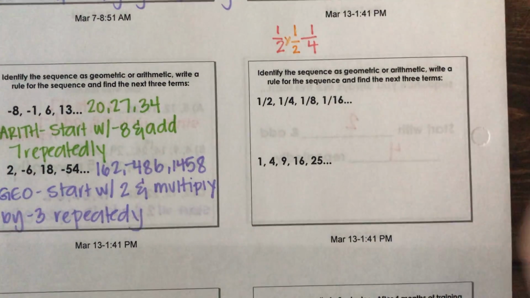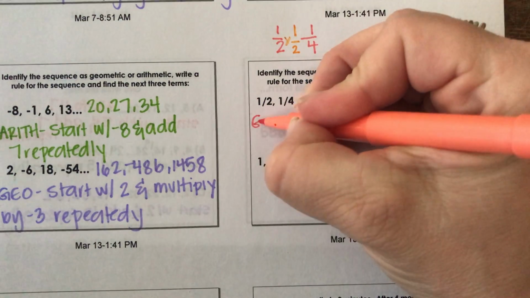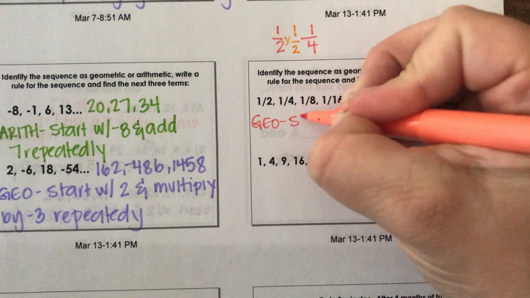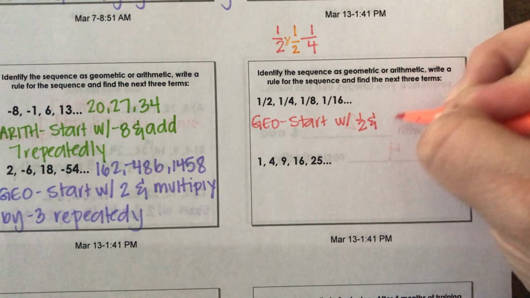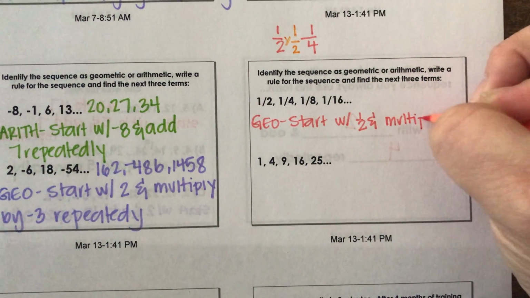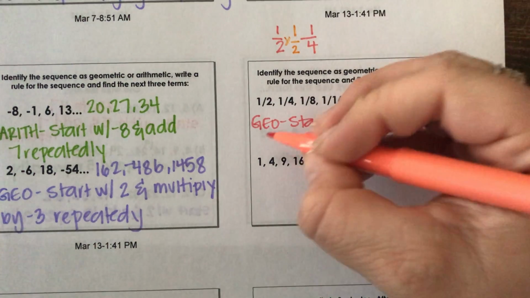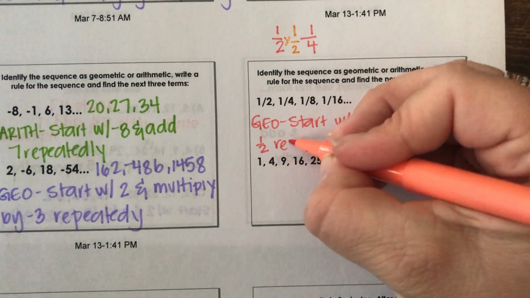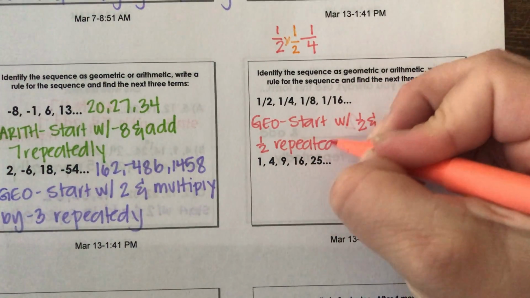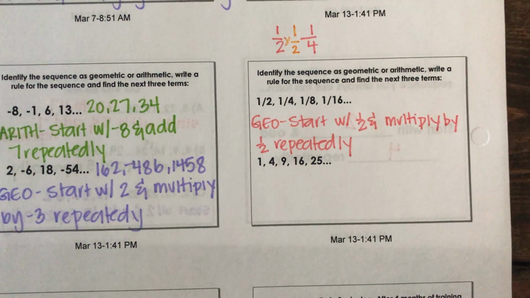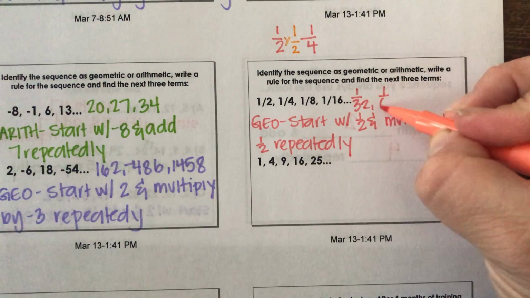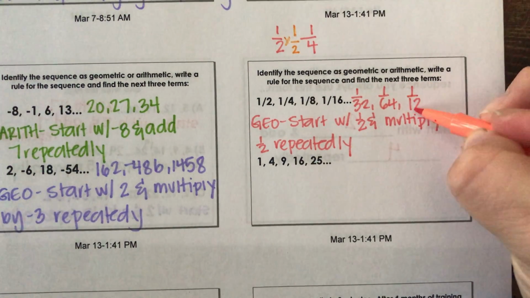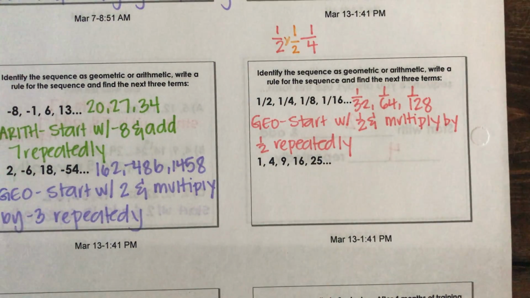So my rule is going to be, it's geometric. Start with 1/2 and multiply by 1/2 repeatedly. And that's our rule. And then it would go 1/32, 1/64, and 1/128.